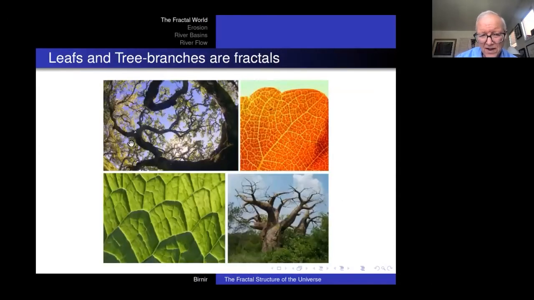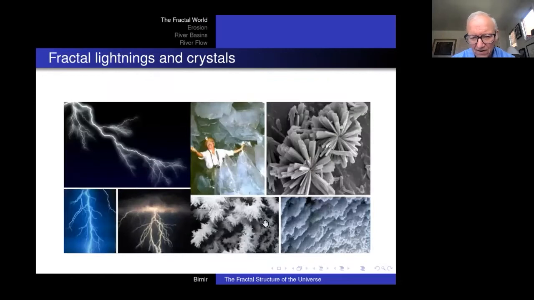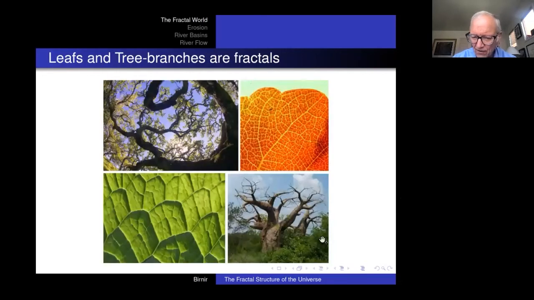Here you can see more clearly that there is a fractal structure frequently in the branches. They repeat themselves on a smaller and smaller scale. Sometimes the shape repeats itself as well. If you look at the leaves, you can see the same structure on smaller and smaller scales, and in a different branch structure as well.